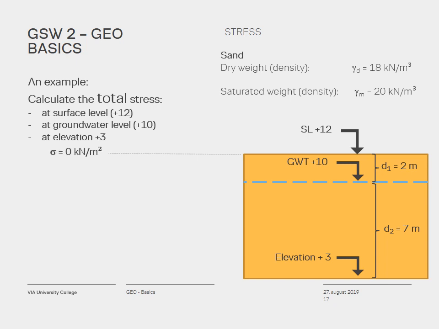At elevation plus 12, the stress is 0. At level plus 10, we calculate the stress by taking the density of the soil and multiplying it with the depth d1. So the stress is 18 kilonewton per cubic meter multiplied by 2 meters, giving us a stress of 36 kilonewton per square meter.